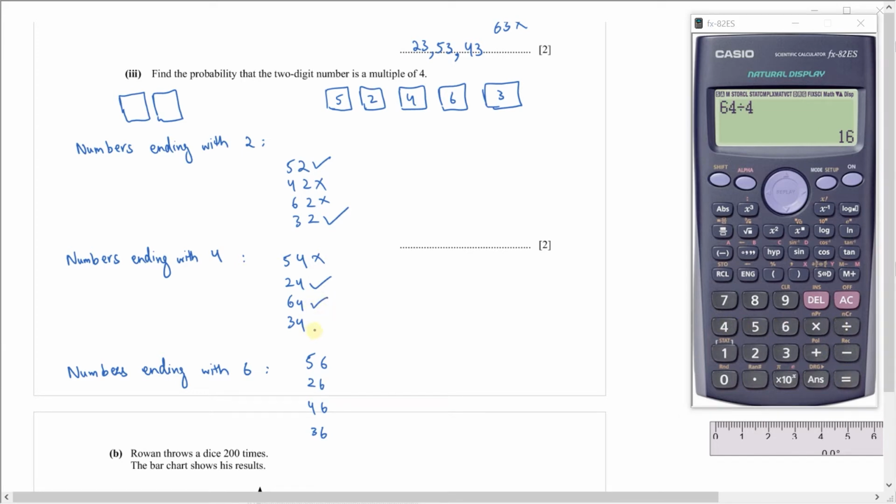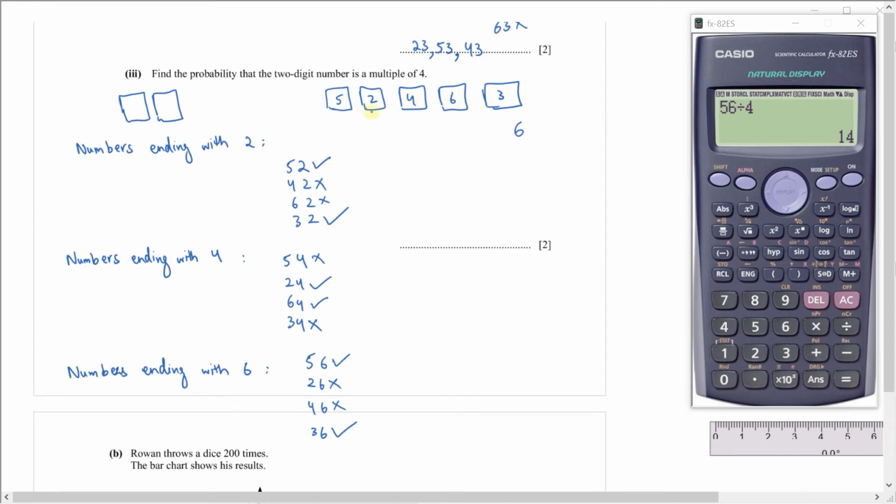This is the multiple of 4. 34 is not. 56 divided by 4 is 14. So this is also a multiple of 4. 26 is not. 46 is not. 36 is as well. So you have 1, 2, 3, 4, 5, 6. You have 6 numbers that are multiples of 4, 6 out of the total combination of numbers that you can form.